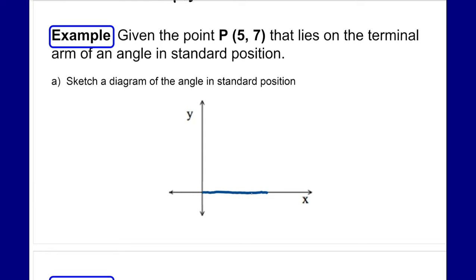Let's say it's roughly here, 5 is here, 7 is up here, so we would have a point here on the terminal arm, so I'd draw an arm out, and then my angle would be right there. So that's how we would sketch it. Just roughly draw where that terminal arm would be and where we can see that angle.